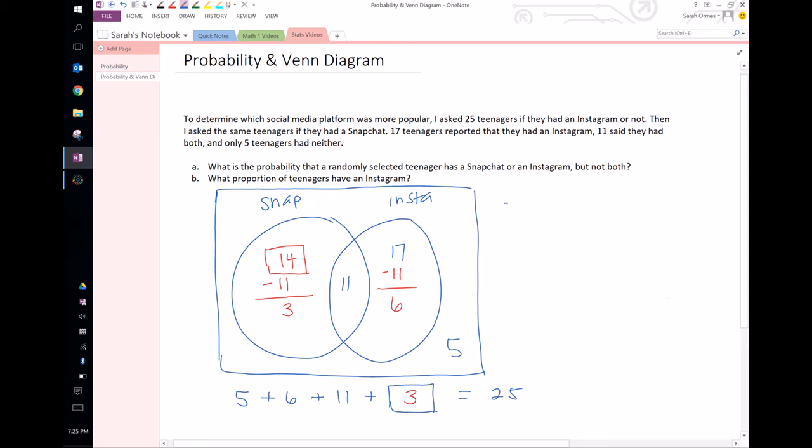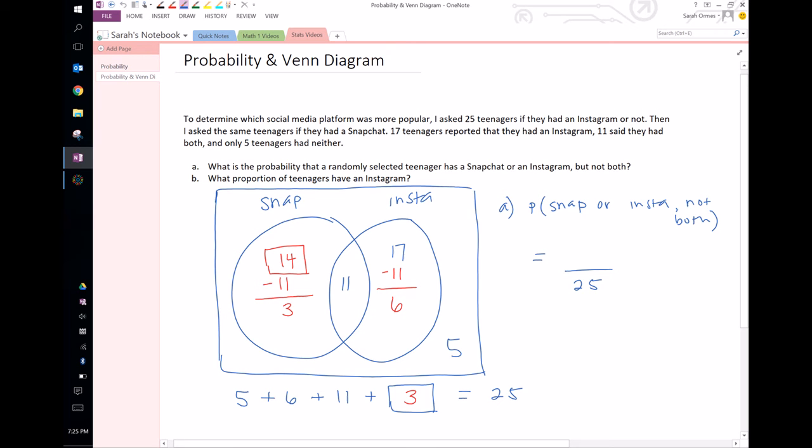So part A, what is the probability that a randomly selected teenager has Snapchat or Insta, but not both? Okay, so let's just use our bubbles. All we need to do is count. So first of all, I know that there are 25 people, so it's going to be something out of 25.